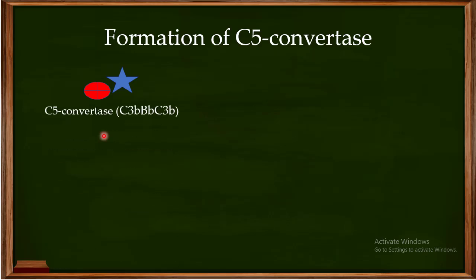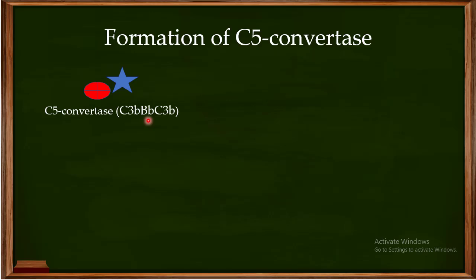Now when the C3b binds to the surface of the antigen, you are going to make the C5 convertase. So how are you going to make this C5 convertase? As you have already seen in the previous slide, the C3b, Bb, and the P made a stabilized C3 convertase.